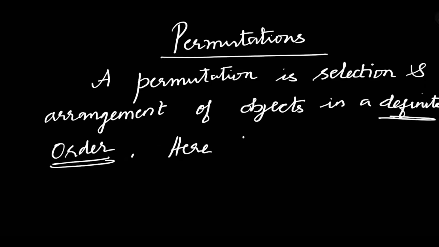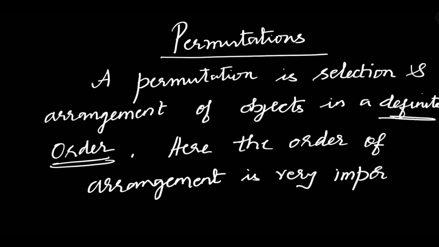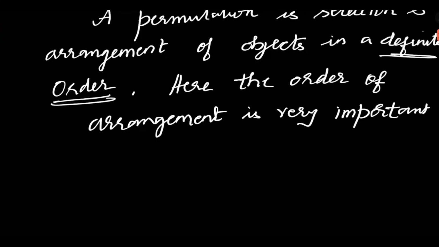Here the order of arrangement is very important. Do we understand by this? Permutation is nothing but arranging the objects in a particular manner, in a particular order.